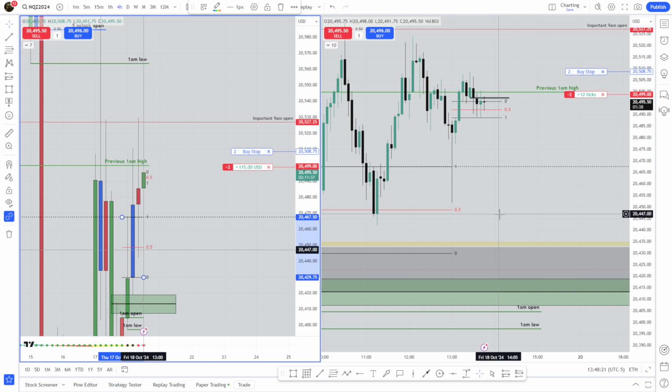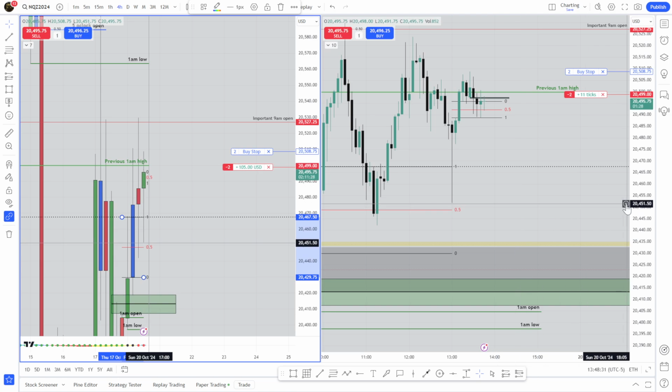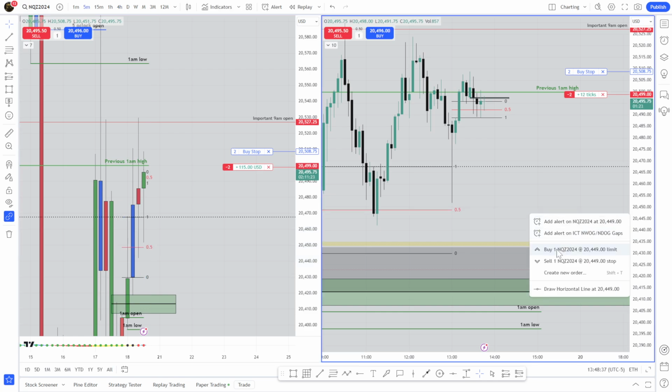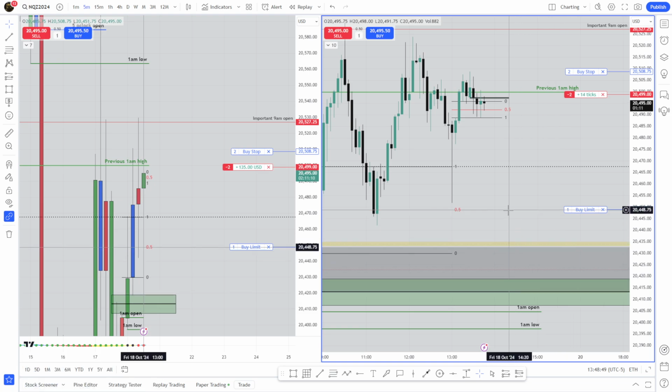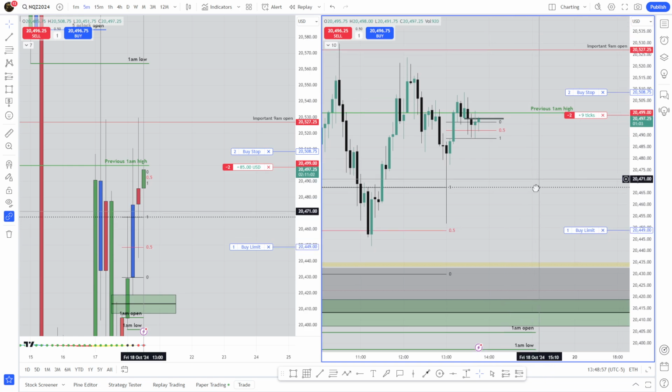Really, really boring price action. All right, I'm going to set a buy limit right there, as that will be our first take profit. So that is 47 handles if we go that way.